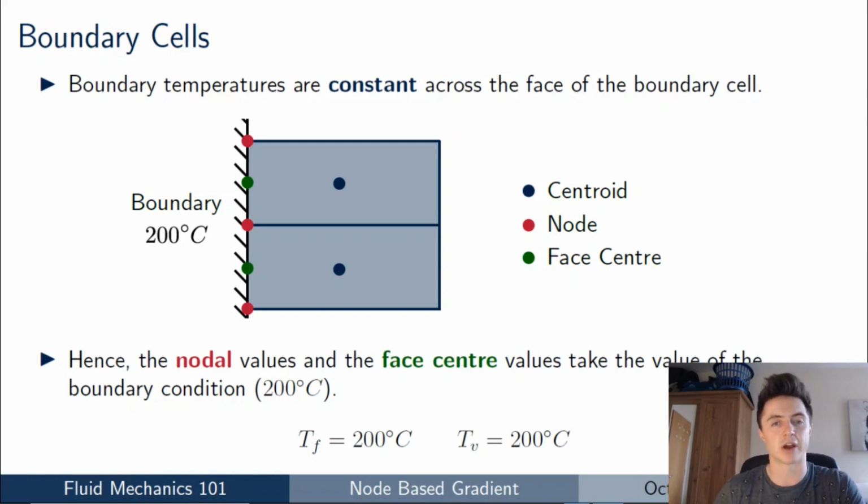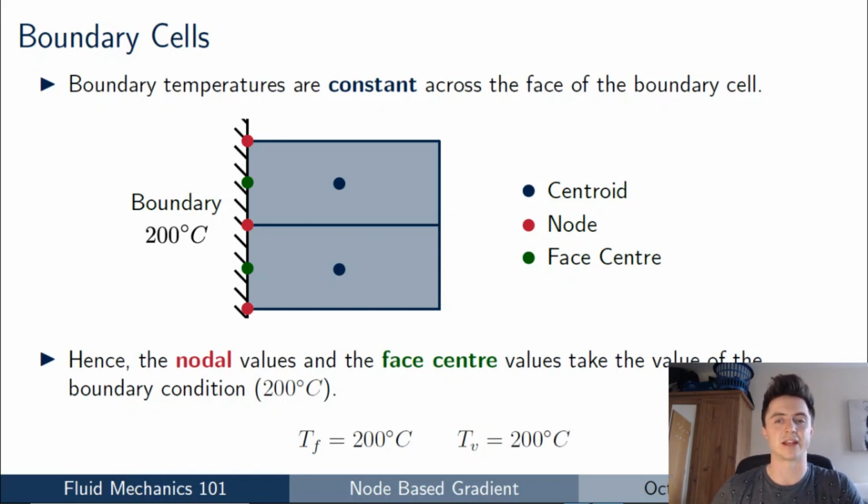So in the small diagram you can see here, we've got a boundary at 200 degrees C, and what that would mean is that the nodes, the red nodes, and also the green face centers are all at a temperature of 200 degrees C. So we can take those face center values and put them straight into the Green-Gauss formula to calculate the gradient at the cell centroid.